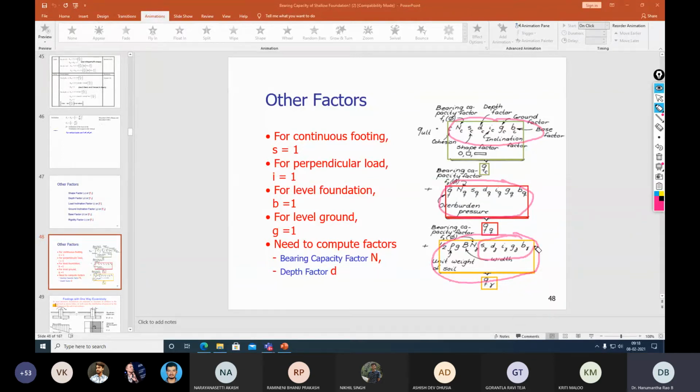Similarly, you can understand the shape factor, depth factor, inclination factor, base factor and ground inclination factor. So this is the most generalized bearing capacity equation. In general, the bearing capacity is referred to in terms of the ultimate bearing capacity of the soil.